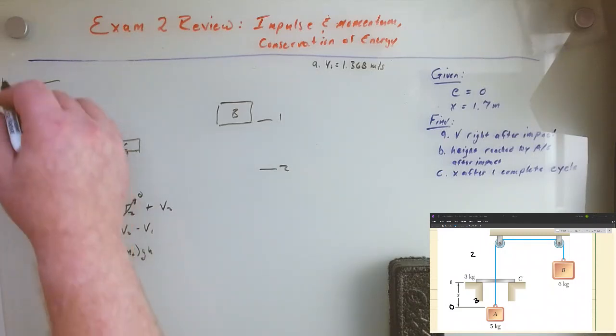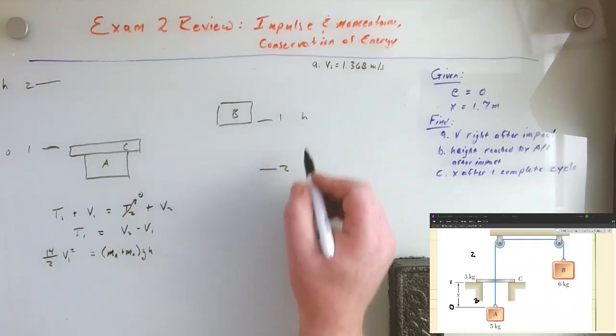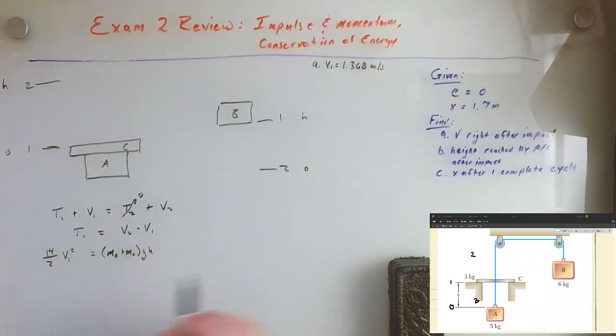So we're going from 0 to H. Likewise, on the B side, we can go from H to 0, right?